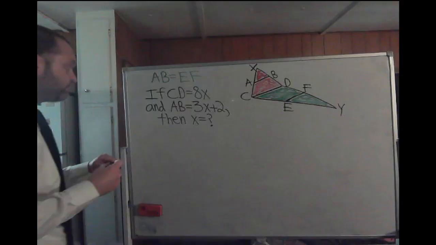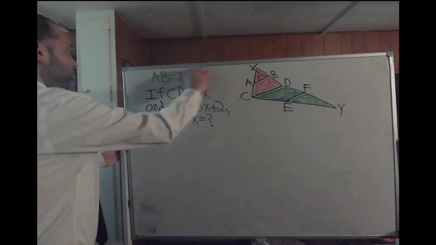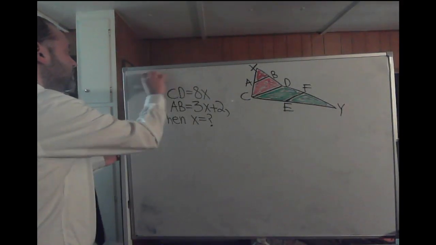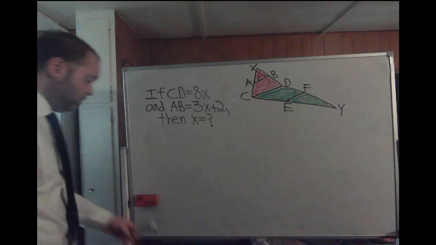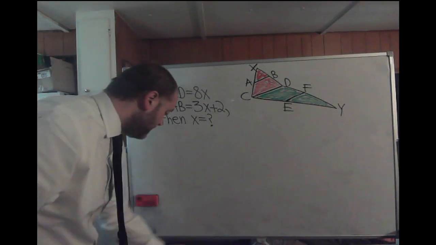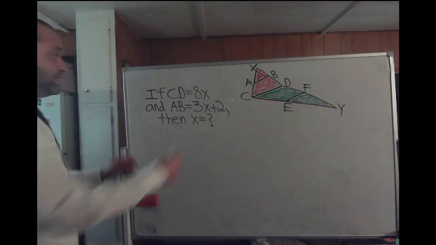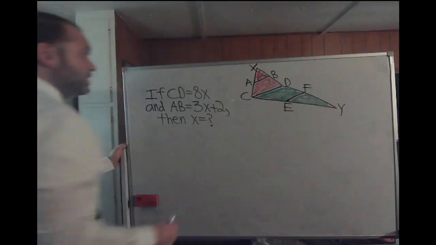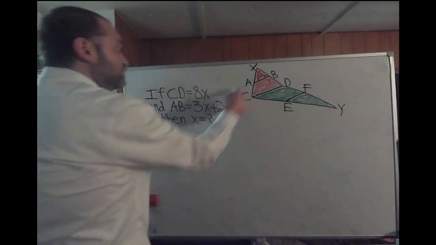I can actually take this one down now. We're given here that CD equals 8x, and AB equals 3x plus 2.